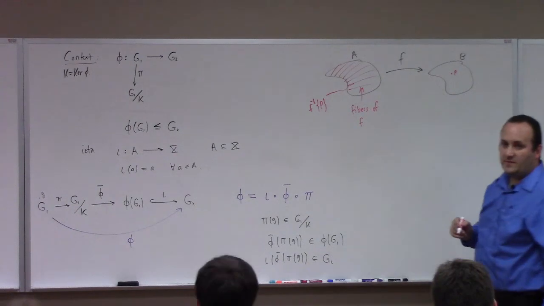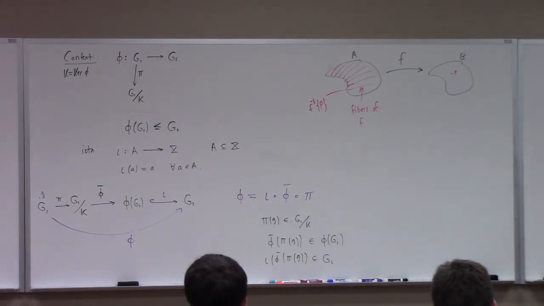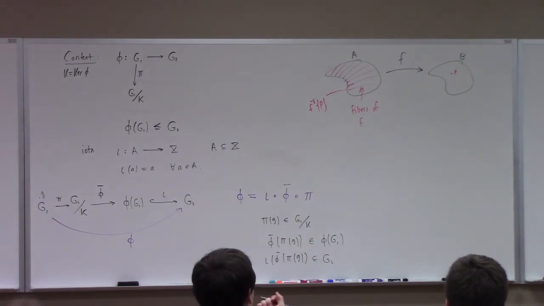You can prove that the fibers partition the domain. They're disjoint, because if the function's single valued, it just maps to one point. So everything that maps to P is in that fiber. So this gives you a partition of the domain.